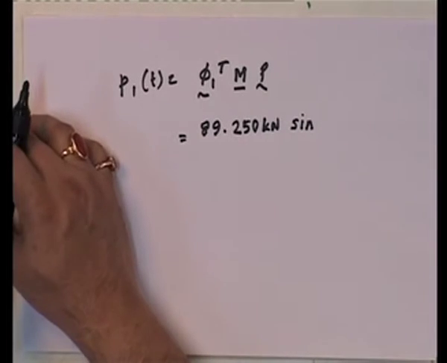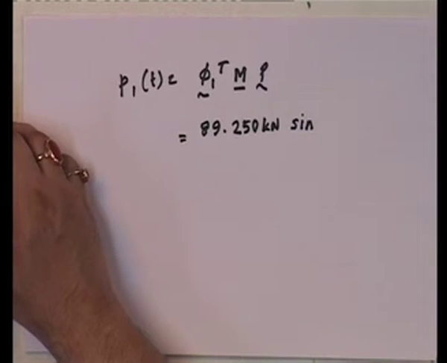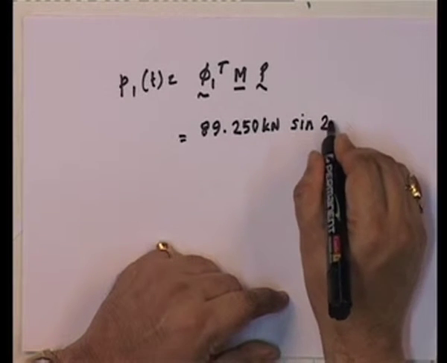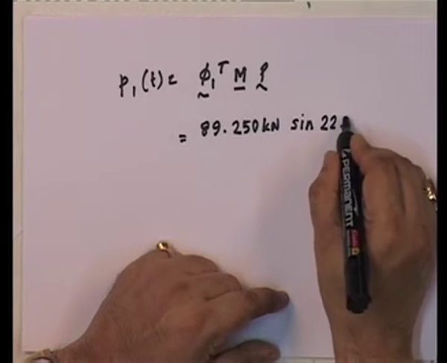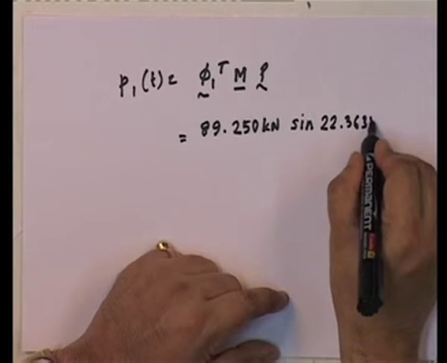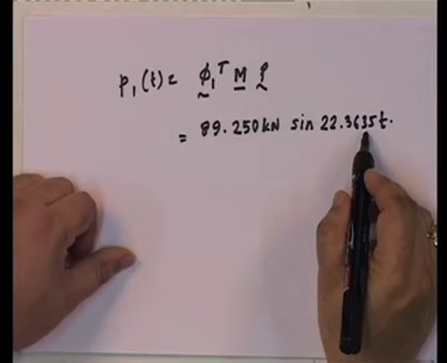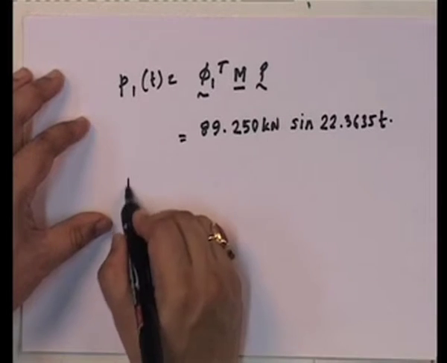Since we know the ratio is 1.5, omega bar has to be 14.909 into 1.5, which is 22.3635. That is P1.